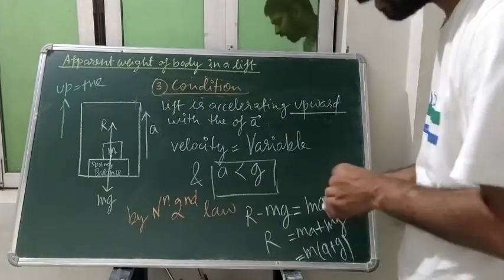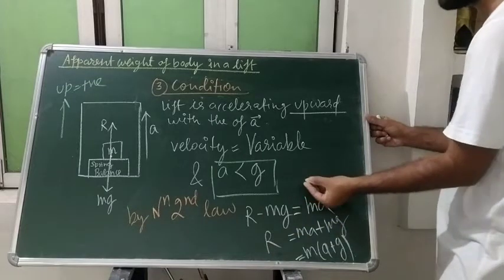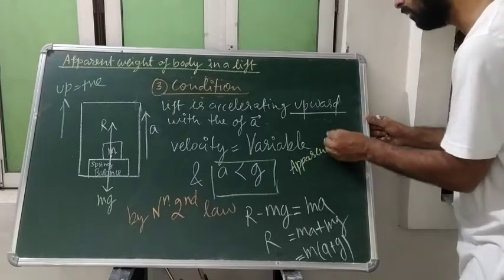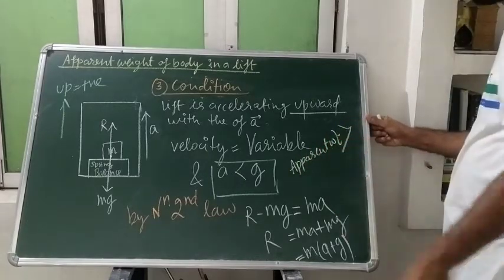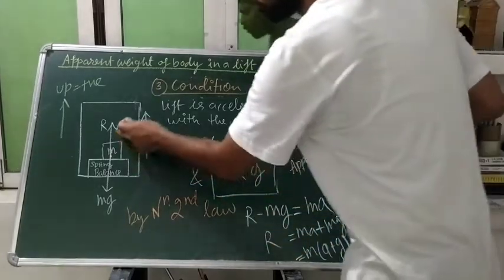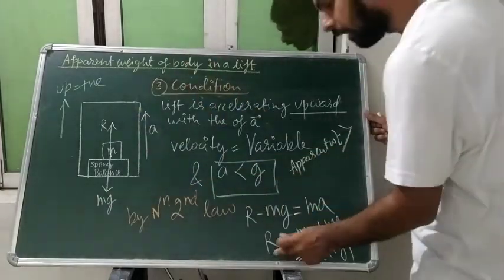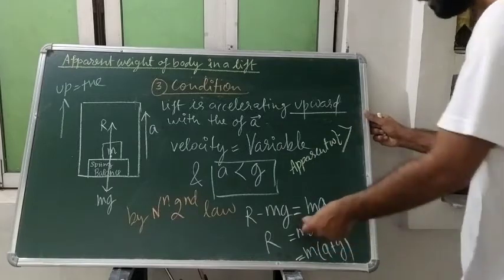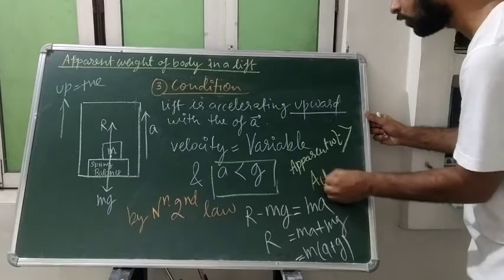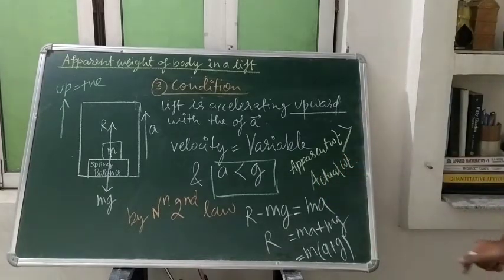And here our apparent weight, what is reaction? Reaction is our apparent weight. Our apparent weight is what? More, it is coming more, isn't it? This should be equal to mg only, the apparent weight when it was not accelerating. But in the case when it is accelerating, the apparent weight is coming more than the actual weight of that body, isn't it, student?